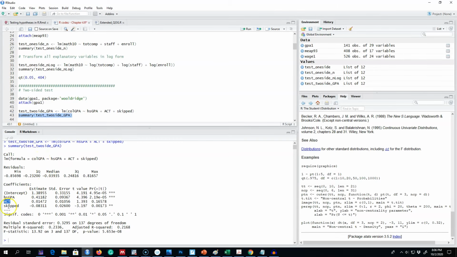The coefficient on skipped means that another lecture missed per week lowers predicted GPA by about 0.083. That is, holding high school GPA and ACT fixed, the predicted difference in college GPA between a student who misses no lectures per week and a student who misses 5 lectures per week is about 0.48. That's how you interpret these results.